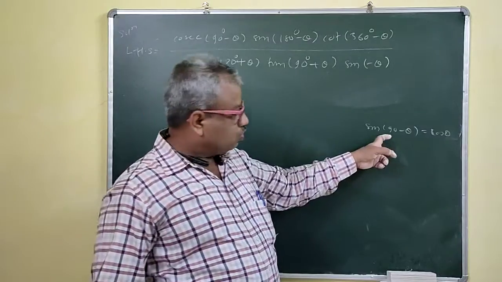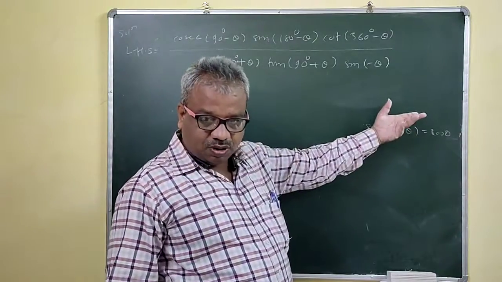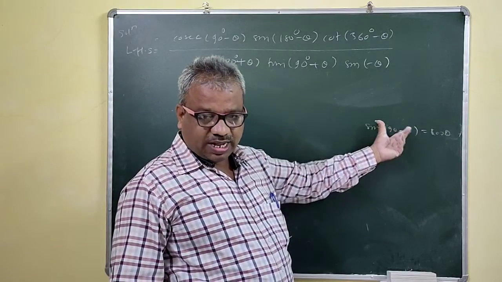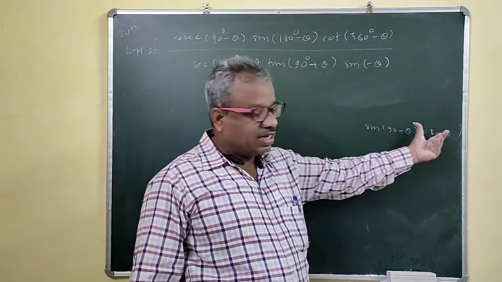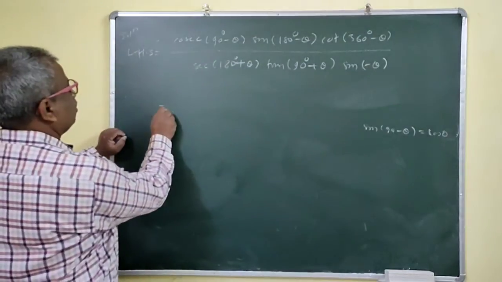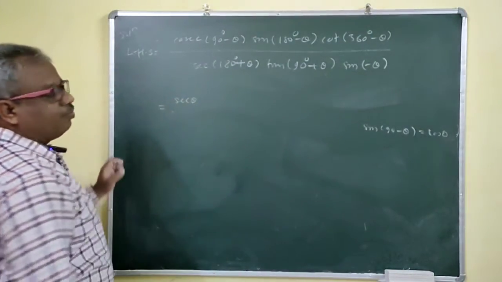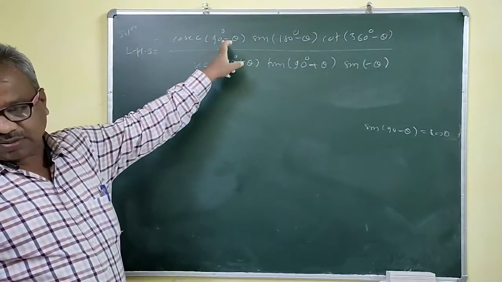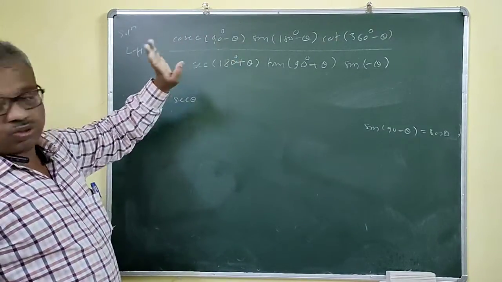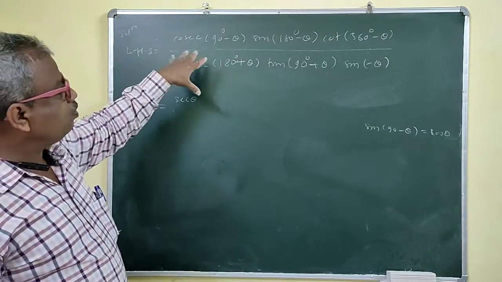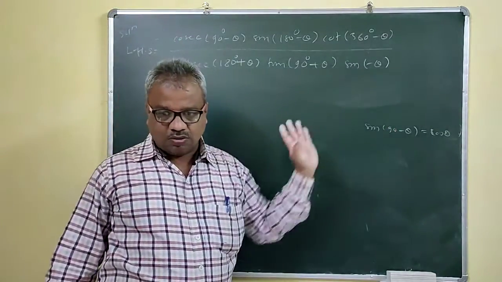Take the reciprocal, so cosec 90 minus theta is sec theta, right? We are assuming that we know this. Actually we should remember sin 90 minus theta, cos 90 minus theta, cosec 90 minus theta; directly you can put this. But if you don't remember, you can do it like this.